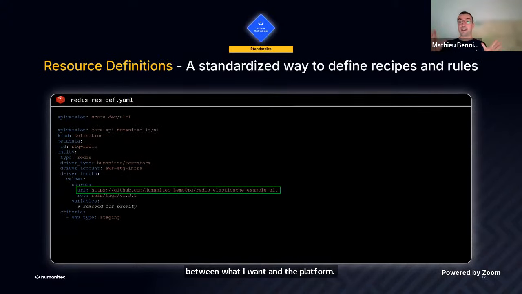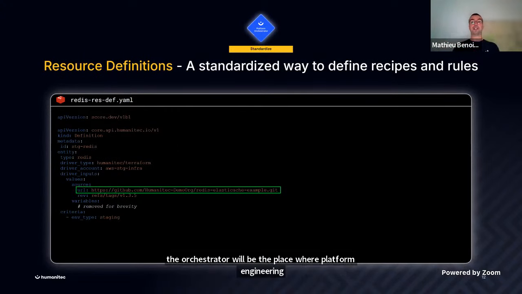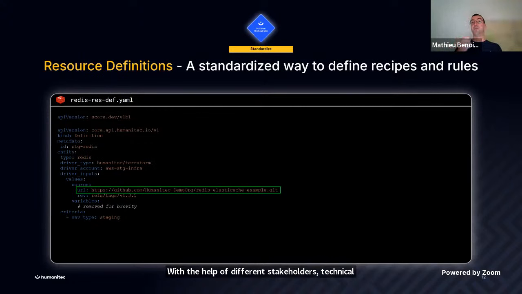Then there is the orchestrator, and the orchestrator will be the place where platform engineering, with the help of different technical stakeholders, will be able to define recipes, what we call resource definitions. If someone is asking for a Redis, here is a recipe in order to provision or provide a Redis.